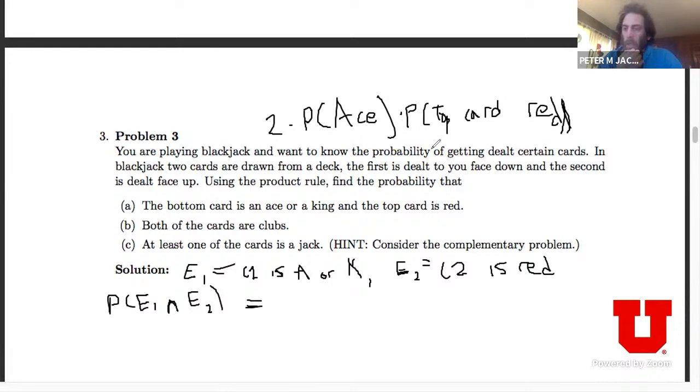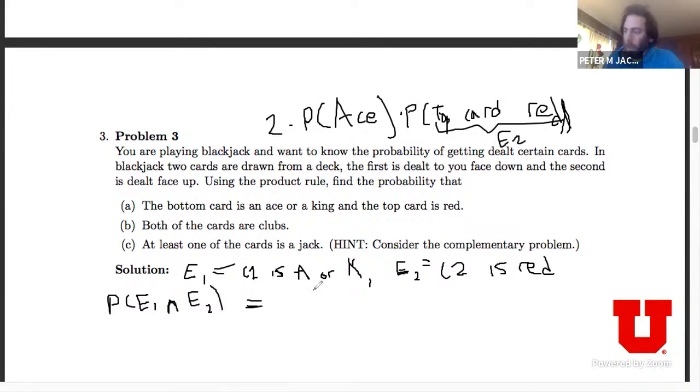So somehow we have to account for that a little bit. That's actually good motivation for what we're about to do. Yes, we're going to split it into cases. That's exactly right.